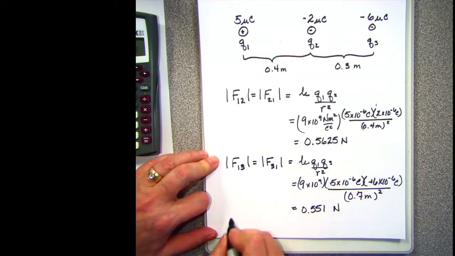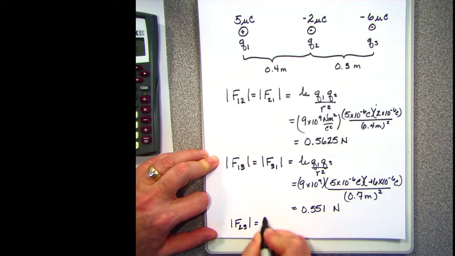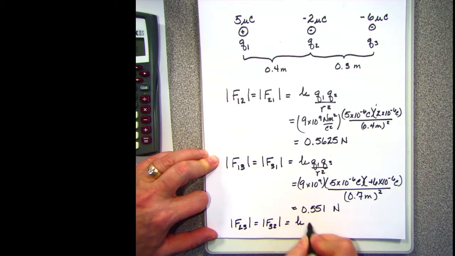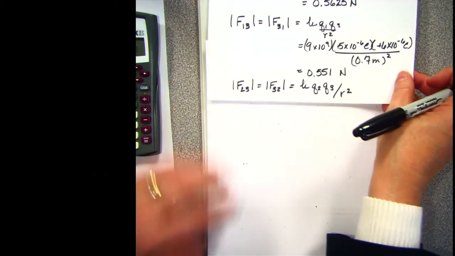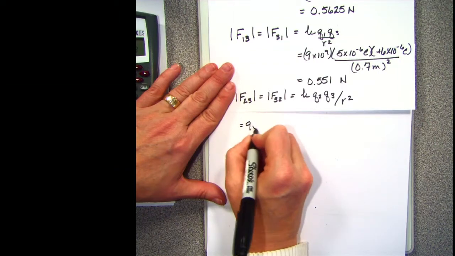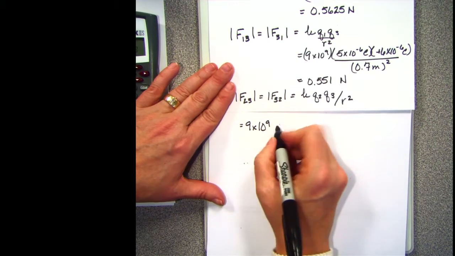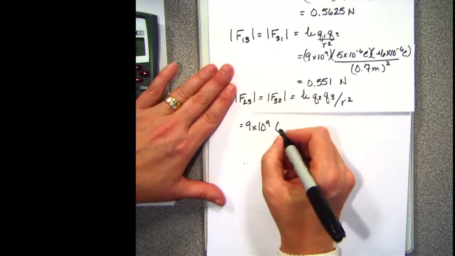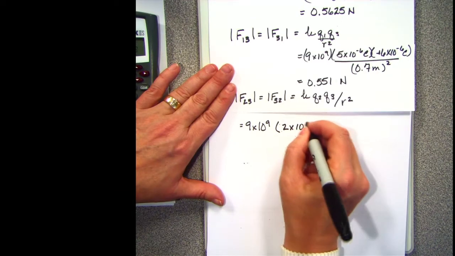I now have to do the last one, force 2, 3, which is equal to the magnitude of force 3, 2, which is going to be K Q2 Q3 divided by the distance between those two squared. So I get 9 times 10 to the 9th. Q2 was 2 times 10 to the minus 6 coulombs.